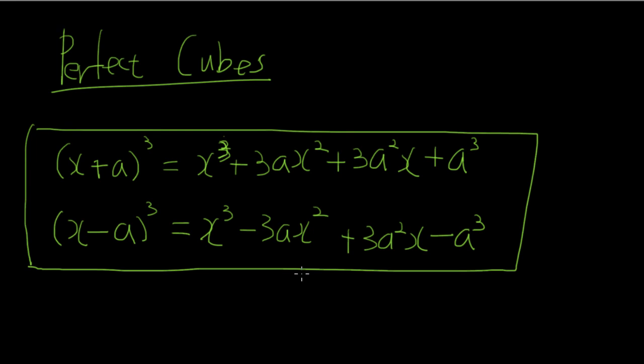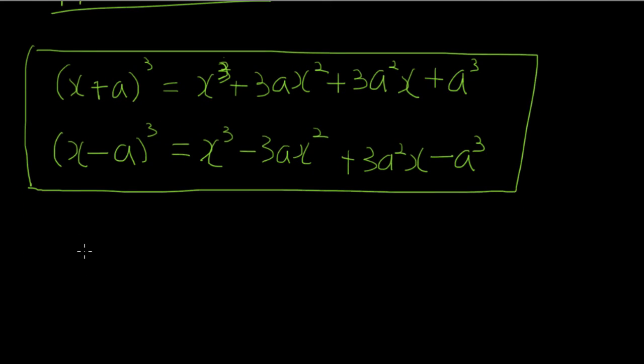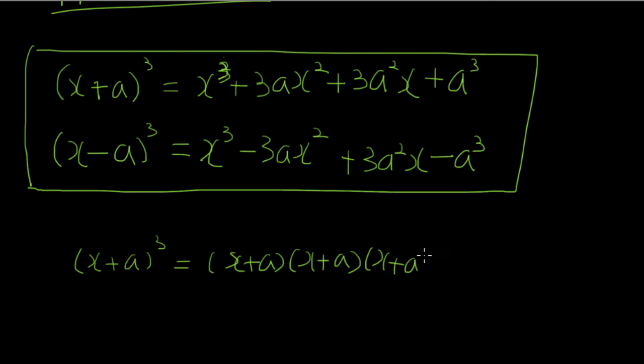Technically speaking, if you don't want to memorize this, you can write (x plus a) cubed as (x plus a)(x plus a)(x plus a), do two of the multiplications first, and then multiply by the third to derive this formula, which will take a long time. So I would not recommend this.